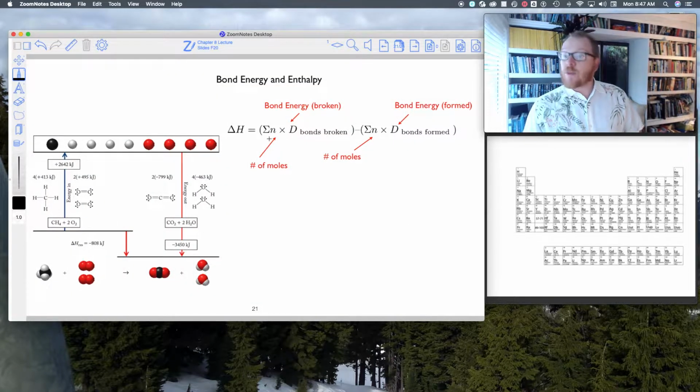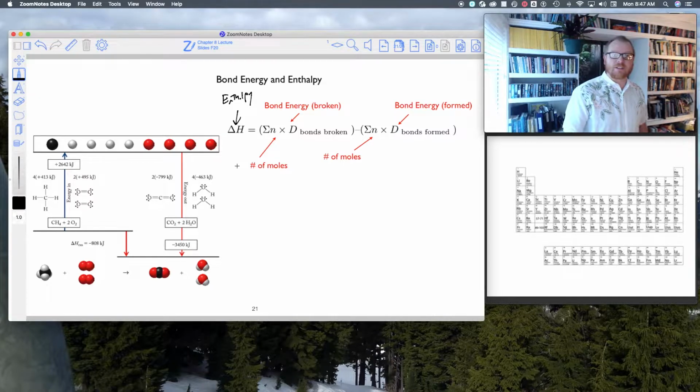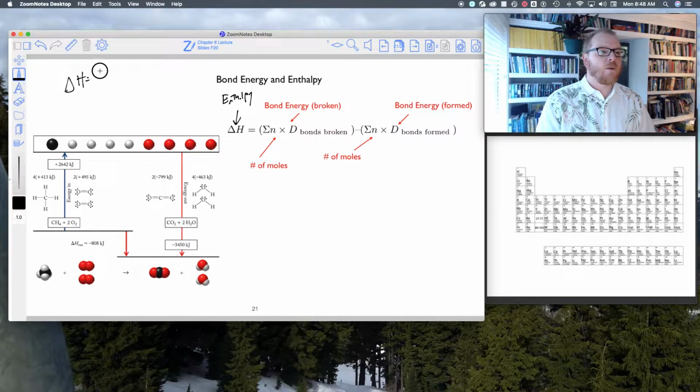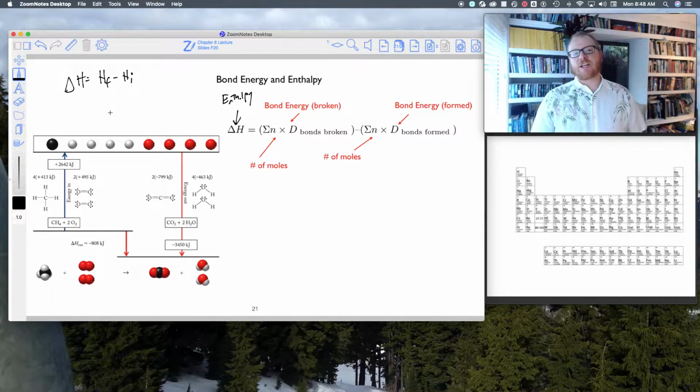So there's another way we can think of calculating the delta H of a reaction. Remember, don't forget about enthalpy. Just because we're on a different chapter doesn't mean enthalpy goes away. And this way of calculating delta H is still H final minus H initial.